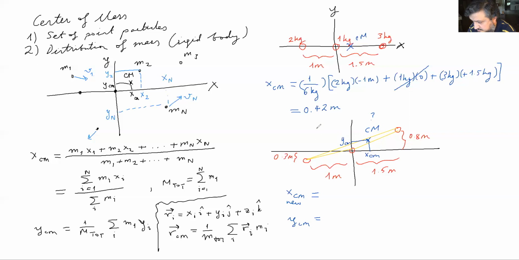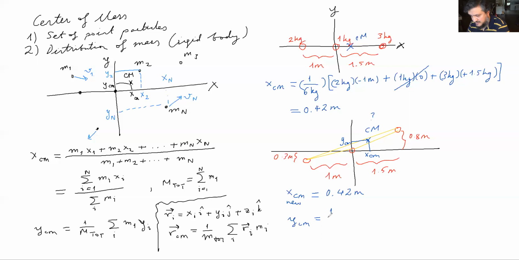Now, if you look at the formula for the x center of mass, you only have the x coordinates of each particle, and those did not change. This one is still 1 meter to the left of the origin. This one is still at x equals 1.5 meters. So I don't see any reason why we should have a different x. So I'm just going to write 0.42 meters here.